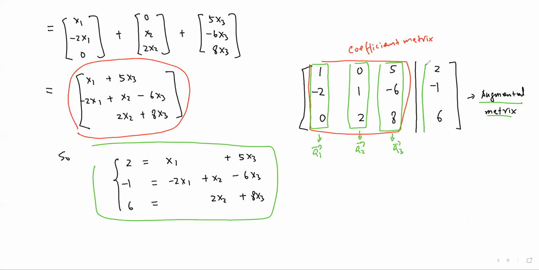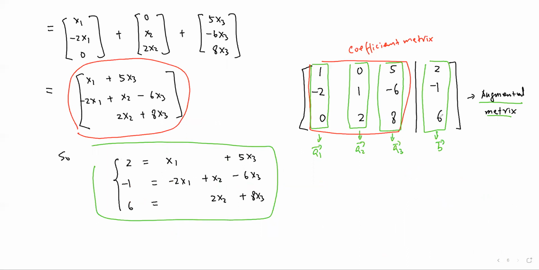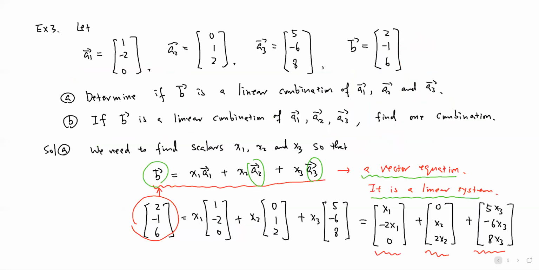The last column actually is vector B, the right-hand side of the vector equation. Vector B is 2, -1, 6. So it turns out that the vector equation is a linear system.